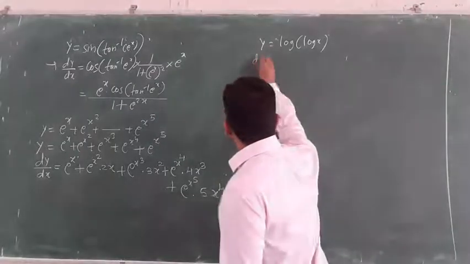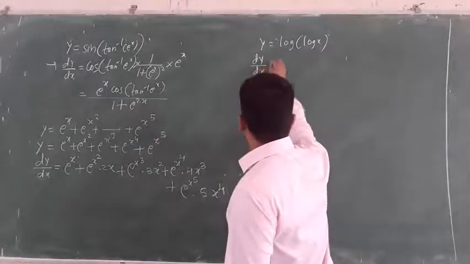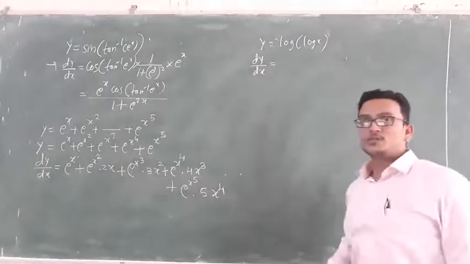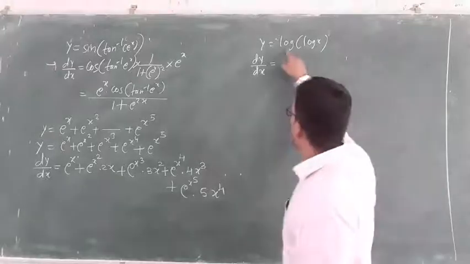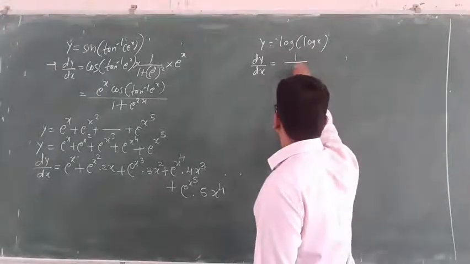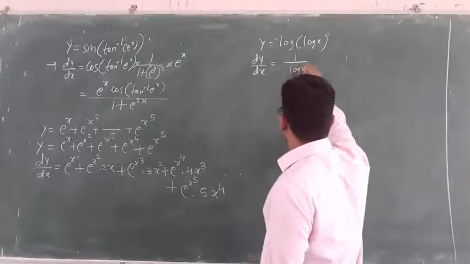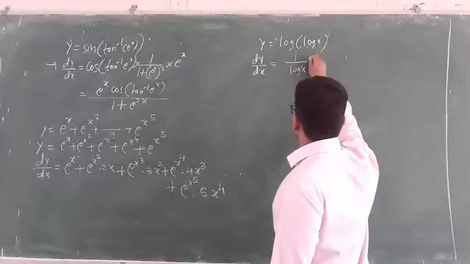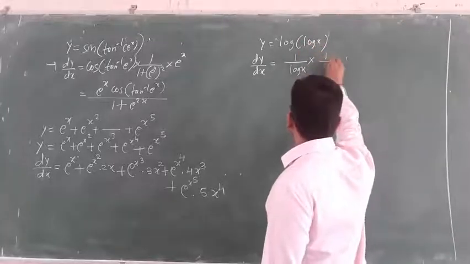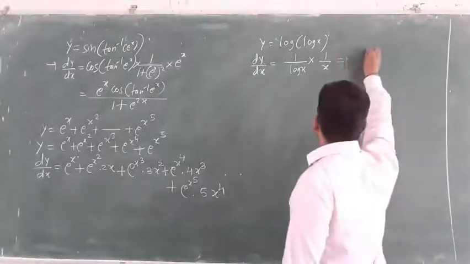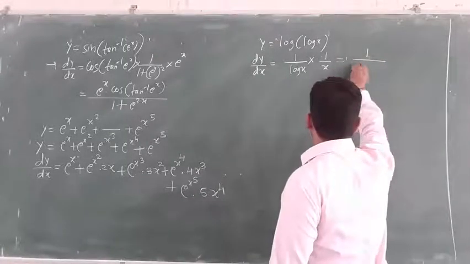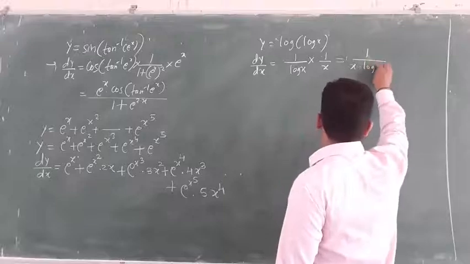So y derivative is dy by dx, which is equal to, what is log x derivative? 1 upon x. So therefore log x derivative is 1 upon log x, because the x place is taken by log x, into again this log x derivative is 1 by x. So this is the answer. Or you can write 1 upon x into log x.